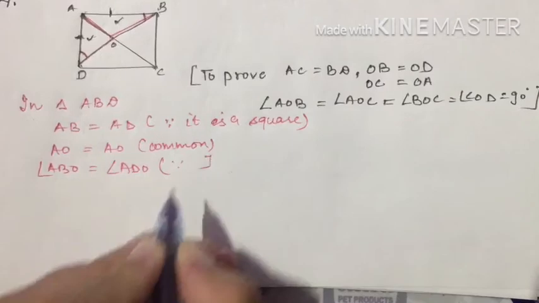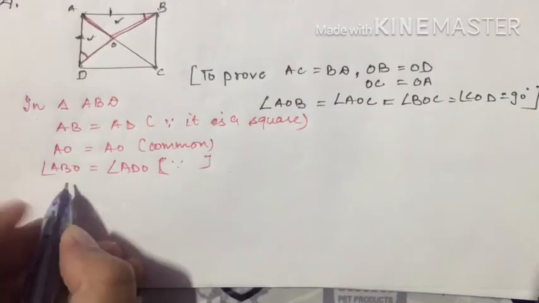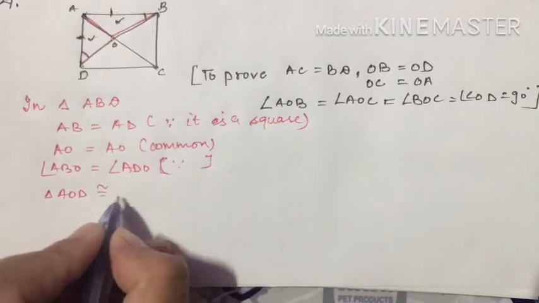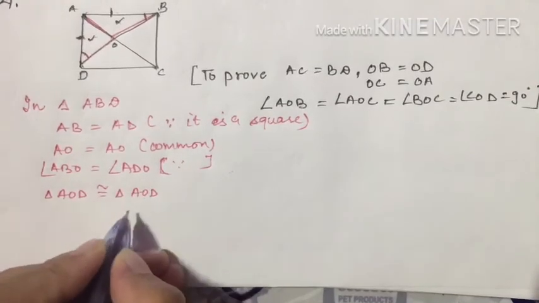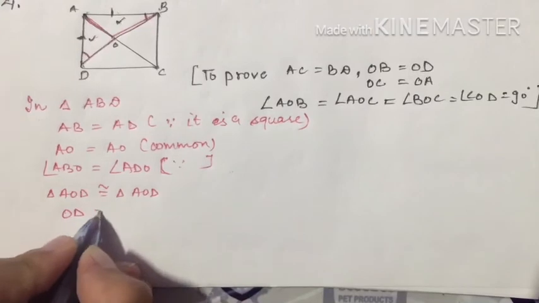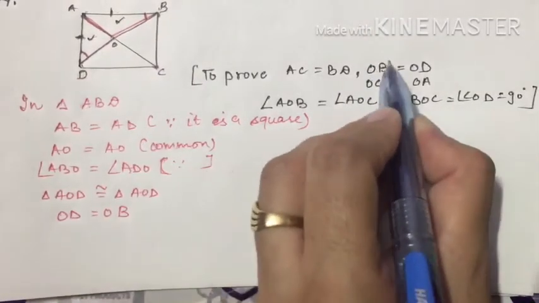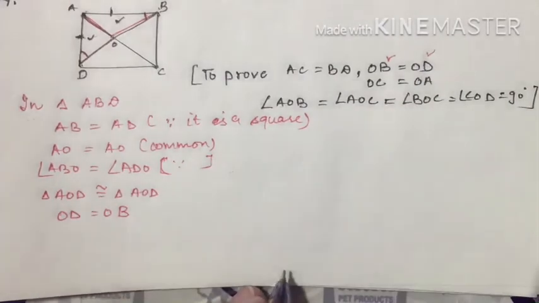The reason you may mention here. Okay, so triangle AOD is congruent to triangle AOB. If they are congruent, I may write OD is equal to OB. Okay, the first thing, OB is equal to OD. That means this part I have proved.